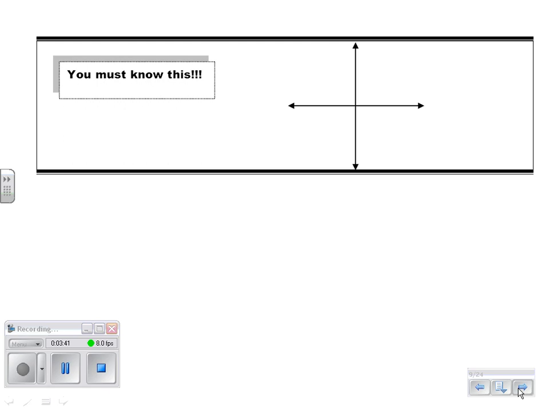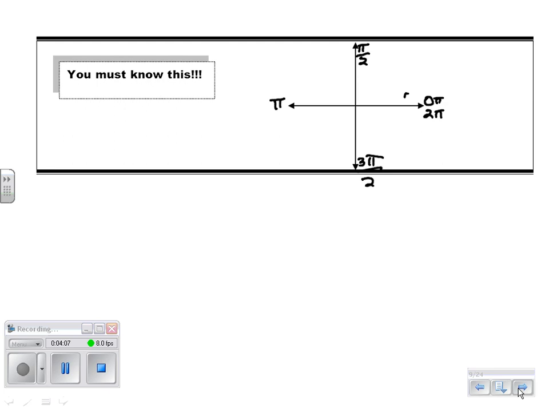So on the radian measure, we have 0 pi, and over here is 1 pi. Halfway through that will be 1/2 pi, or pi over 2. So we have 0 pi, 1/2 pi, 2/2 pi, then 3/2 pi, or 3 pi over 2, and then back up to 2 pi.